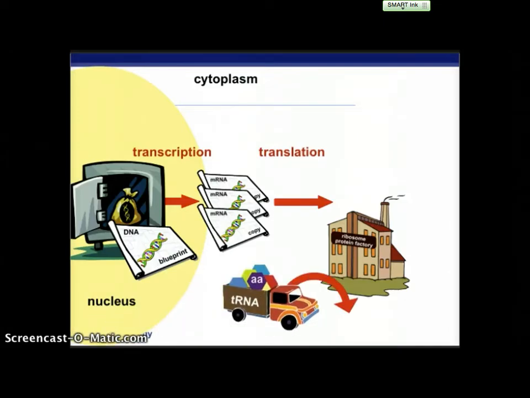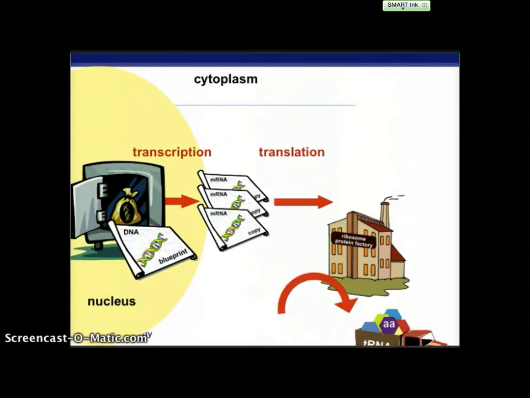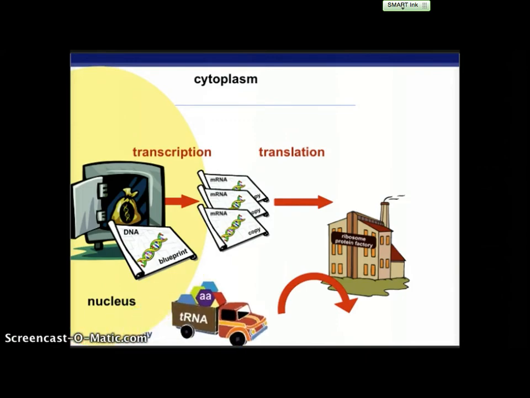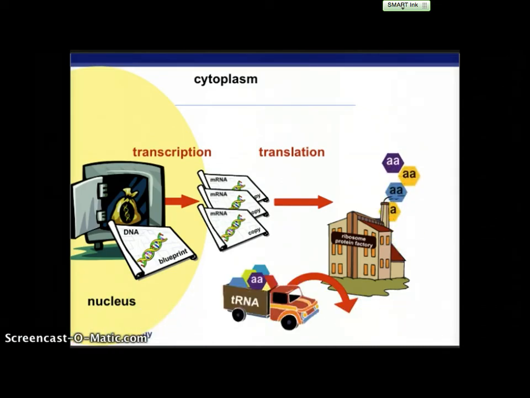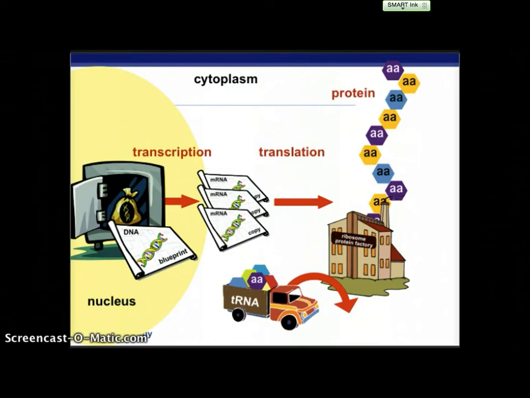The tRNA is going to bring over the appropriate amino acid to match the complementary strand of the mRNA. And once these amino acids are joined, we're going to make a protein, which determines traits. So again, DNA is transcribed into mRNA, mRNA is translated into protein, and proteins determine our traits.